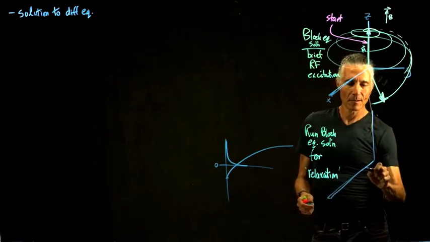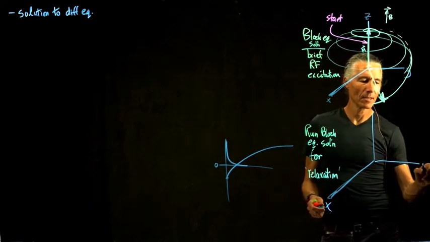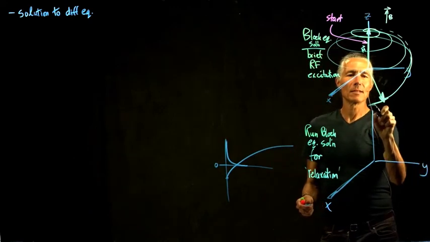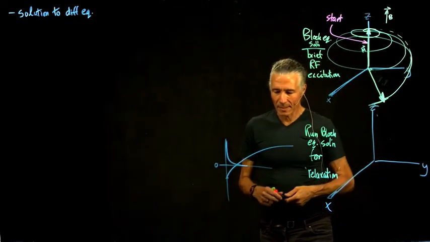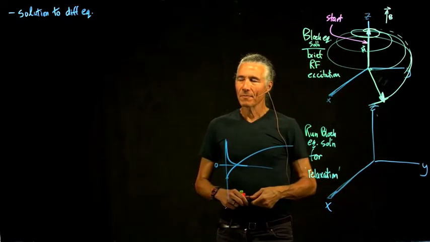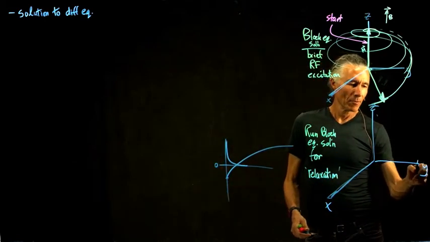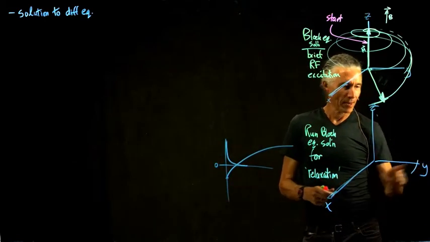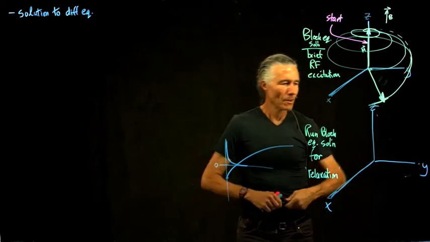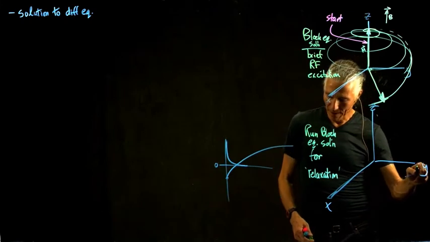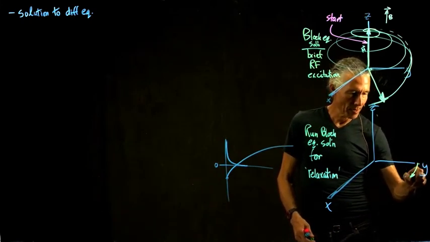This is what's really occurring. There's the x-axis and the y-axis and the z-axis. What's actually occurring is here we're whipping around. We turned off the RF, and so the vector is going this way.